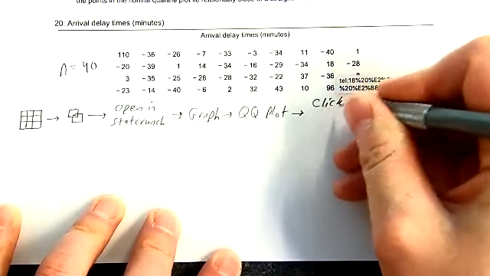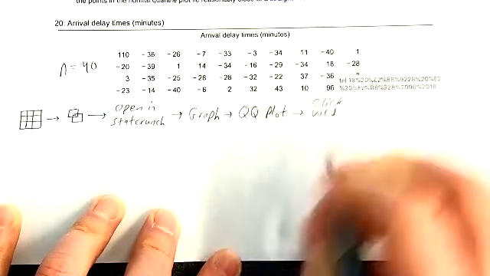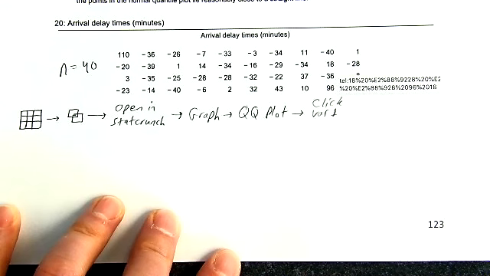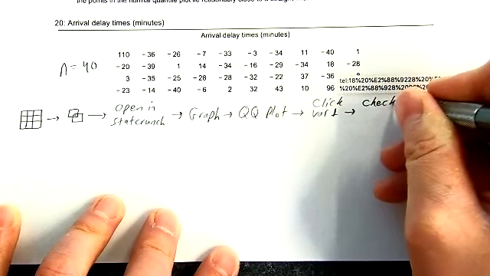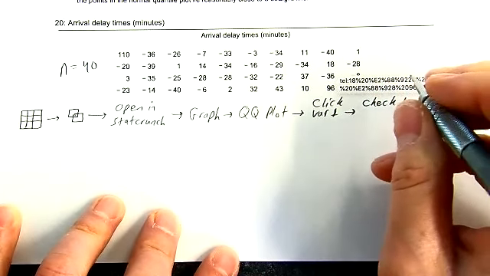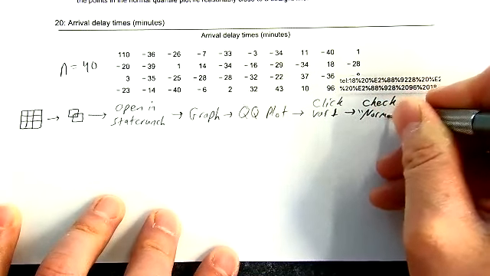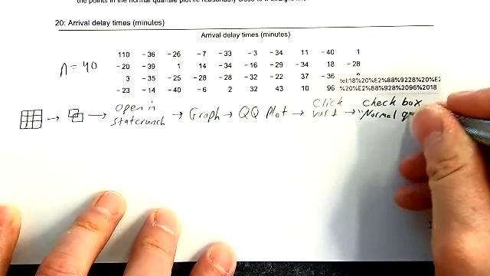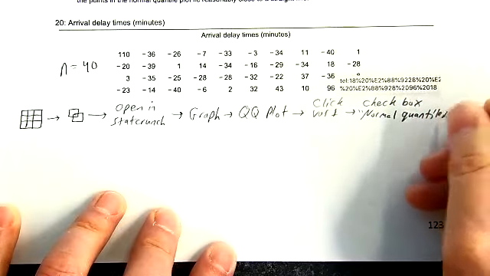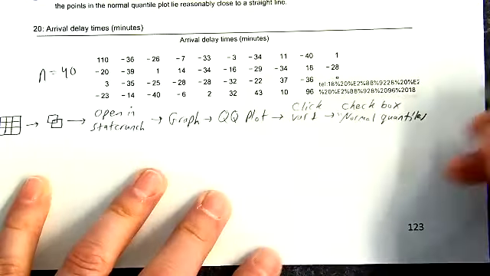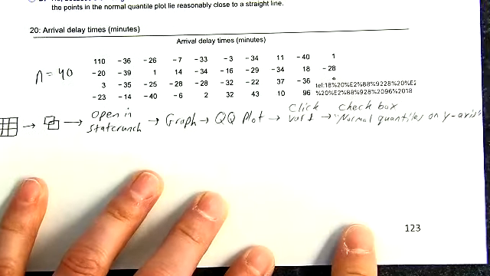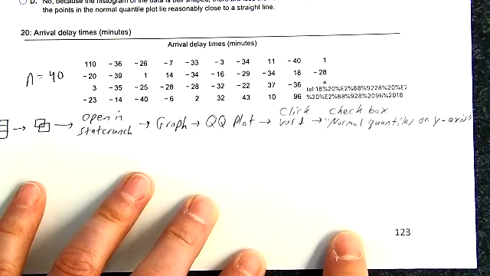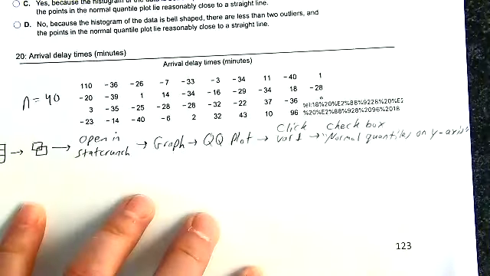You'll click variable 1 to load all this data into the first column. Then you'll check a checkbox that says normal quantiles on the y-axis, because we want those z-scores on the y-axis like they were for all these other problems.